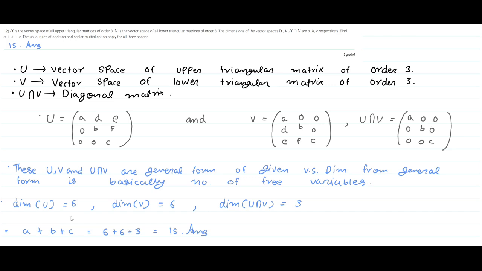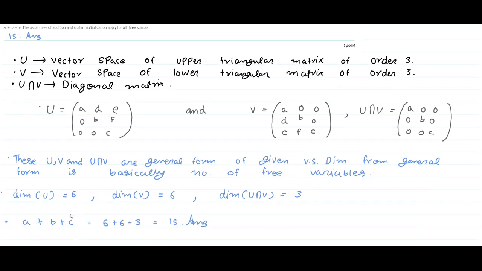Okay, first let us understand what type of matrix will be there in the intersection of U and V. In the intersection, the common elements from both spaces are there. So, the common matrix from both spaces is a diagonal matrix of order 3. So, the dimension of U, or basically the number of free variables in vector space U, is 6. For vector space V it is 6. And for the intersection it is 3. Hence, their sum is 15. So, the answer of question number 12 is 15.